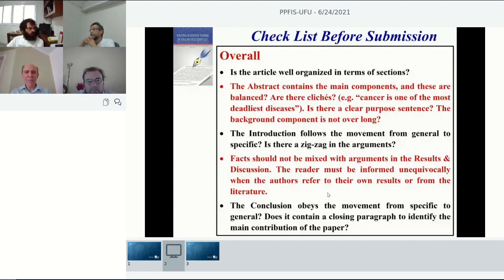So this mixture of facts and arguments is terrible for understanding a manuscript. So you have to be aware of that. And then check whether the conclusion obeys the movement which is opposite to the introduction. So this is for the overall structure of the paper.